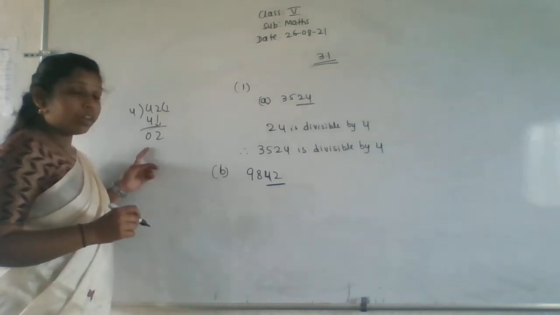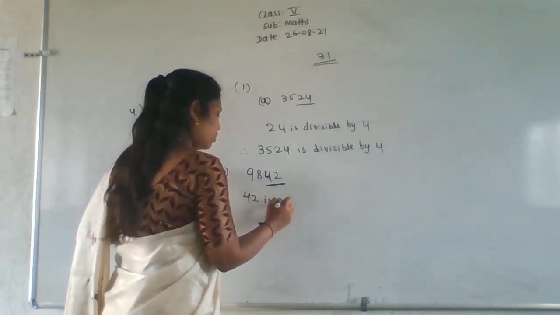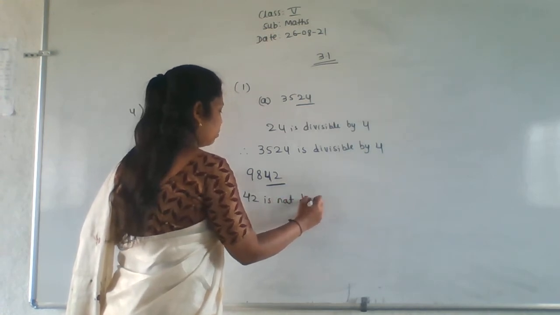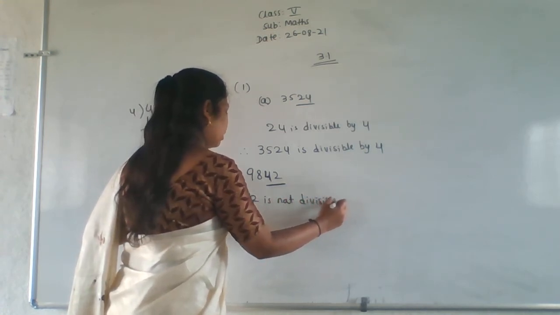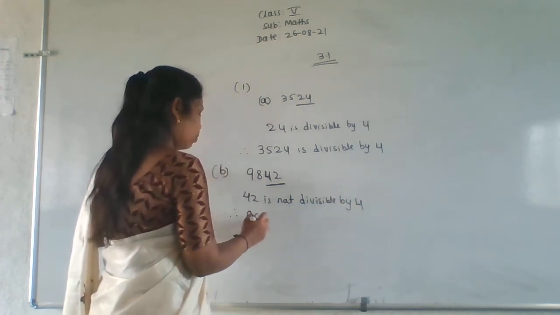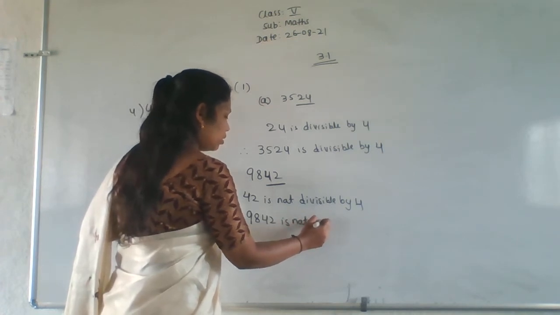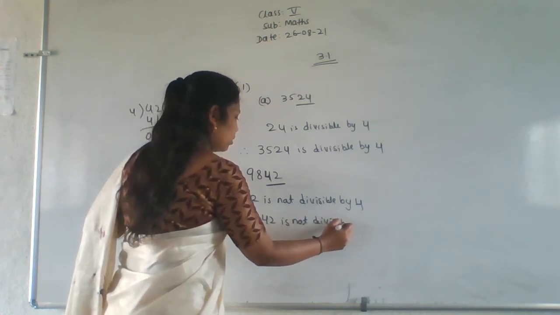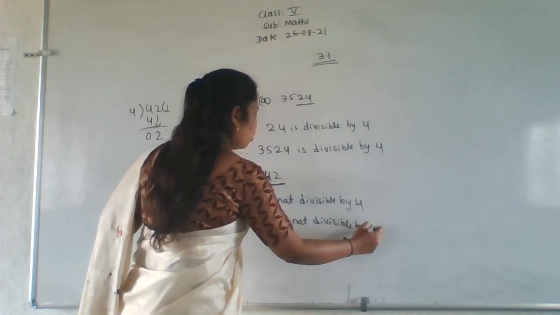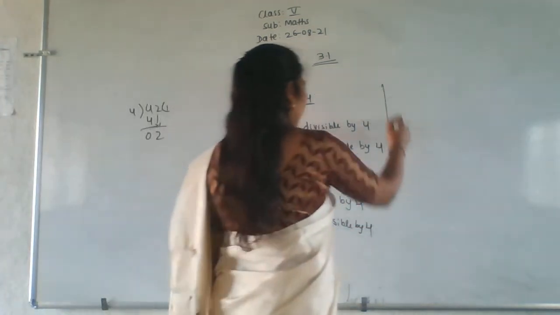So it is not divisible. 42 is not divisible by 4. Therefore, 9842 is not divisible by 4. For every problem you have to write like this only.